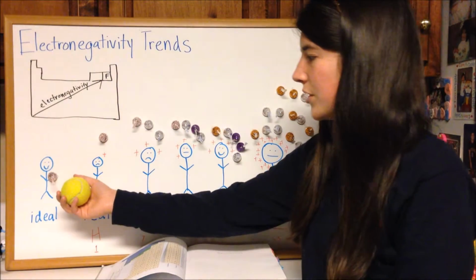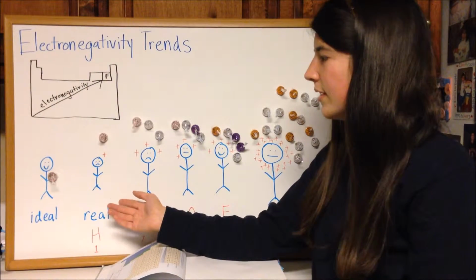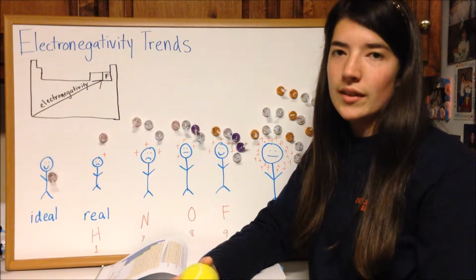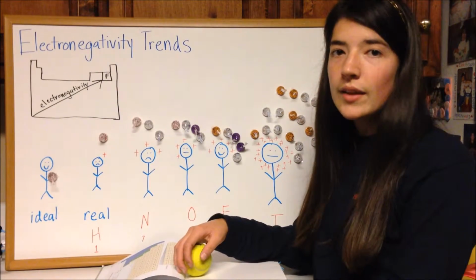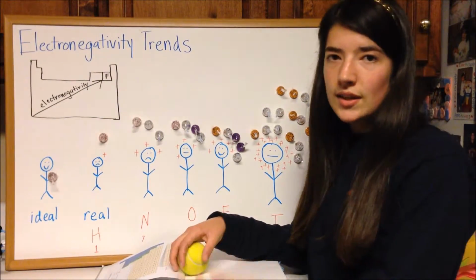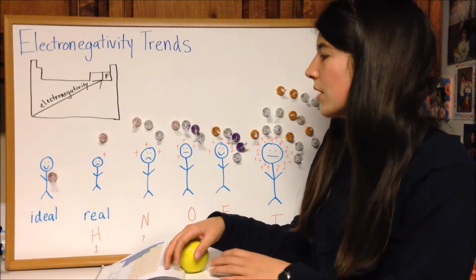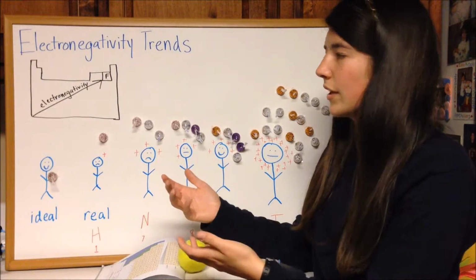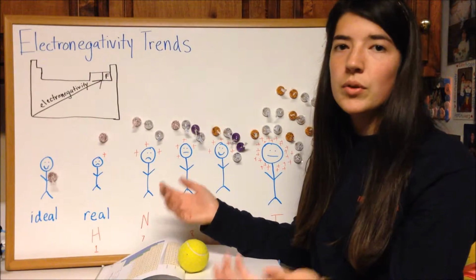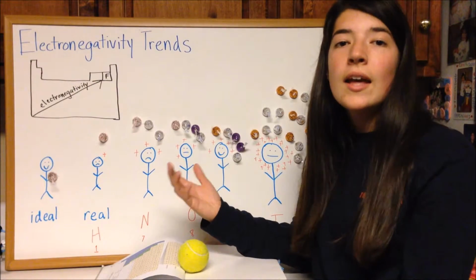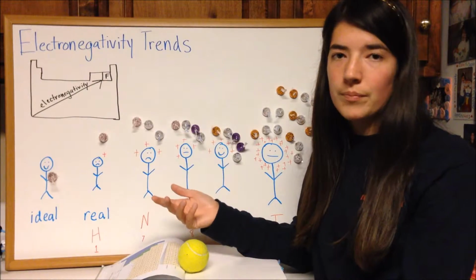This is our ideal situation, but the real case is that the two can't be completely on top of each other. So what ends up happening, like last time, is that they're going to seek other electrons, and that's what leads us to bonding. So we know that more electronegative atoms are going to be involved in stronger bonds. They're going to be able to attract and hold on to the electrons of other atoms better.